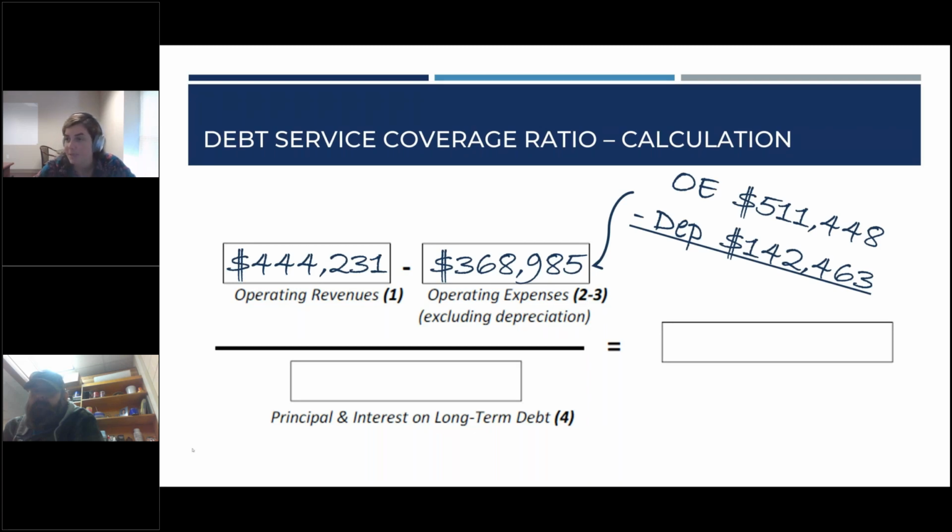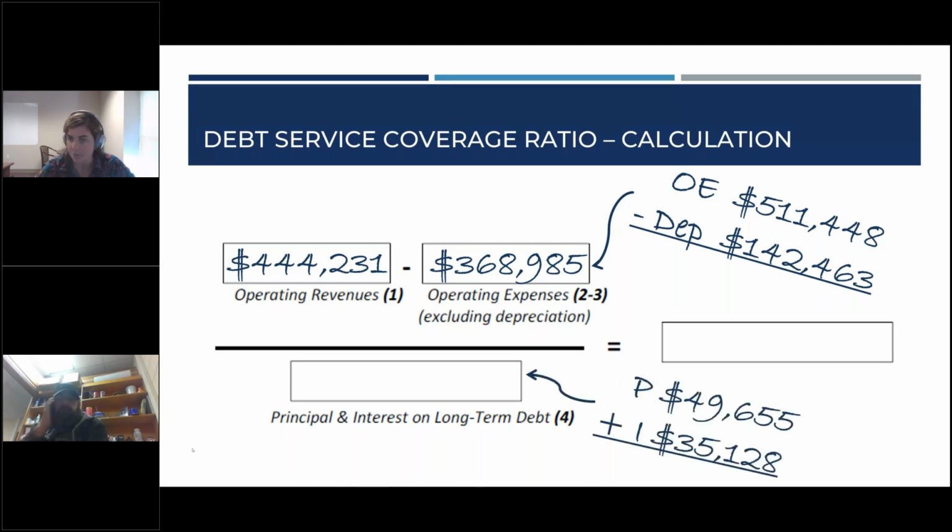The operating expenses, once we've taken out depreciation, is 368,985. And then for the principal and interest on long-term debt, we just want to add up those two values from the page before. The principal was 49,655 and the interest was 35,128. And so what you get here is $84,783. That's how much they pay annually in principal and interest payments.